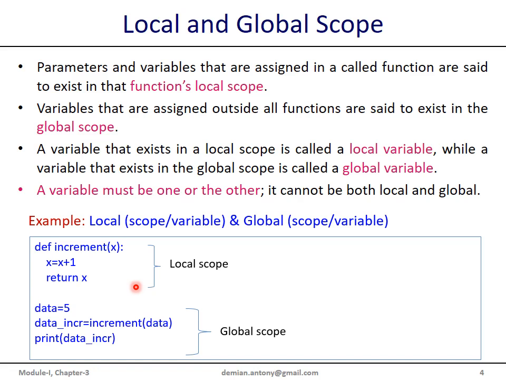Let us understand the local and global variables. First, let us take up the parameter x. X is found in the function definition. Any parameter that is found in the function is said to be in its local scope. That's why that parameter is called a local variable. X is a local variable.